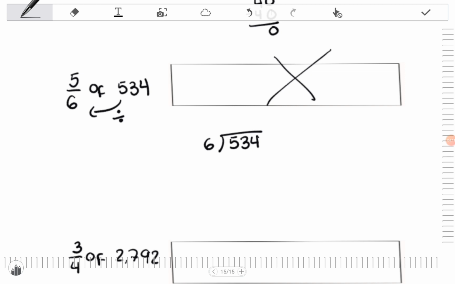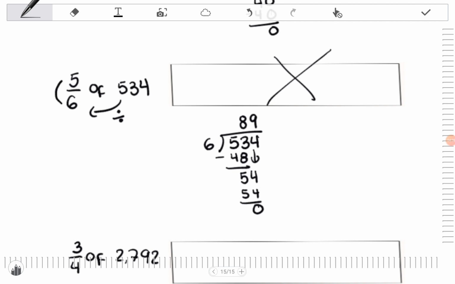It doesn't fit. 6 in the 53. 6 times 8 is 48. We subtract, this is 5, and we bring the 4 down. And 6 times 9 is 54. So we already finished the division.